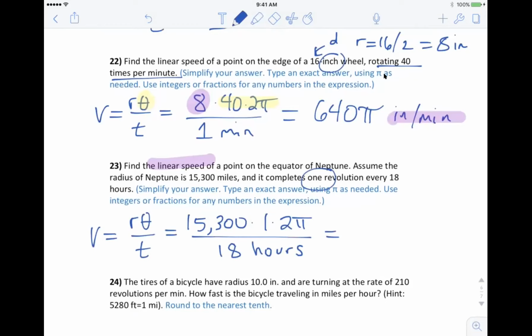And I'm just leaving the pi out of the calculation because that's just going to be in the answer. So I'm getting 1,700, right? And that's pi. And that's in miles per hour, right? So again, that 1,700 came from 15,300 times 2. Don't really need the 1, and then divide that by 18.